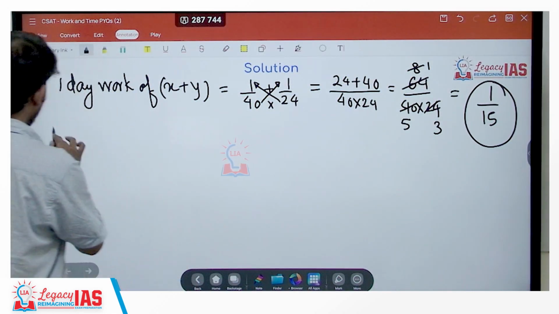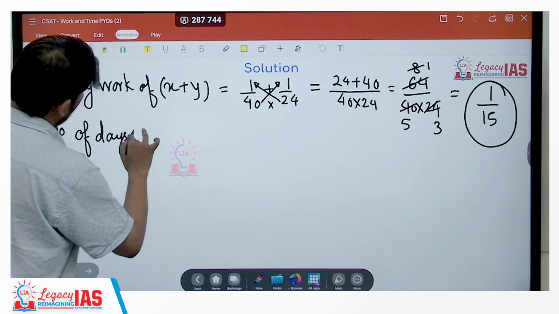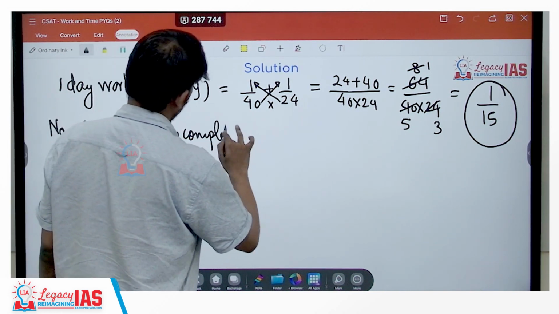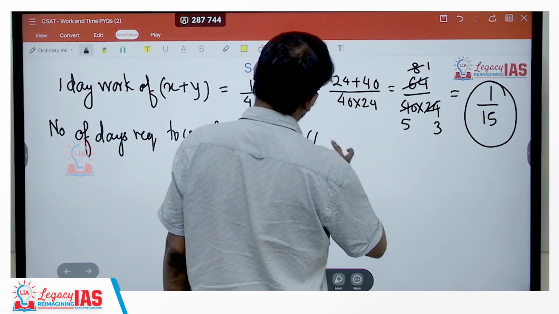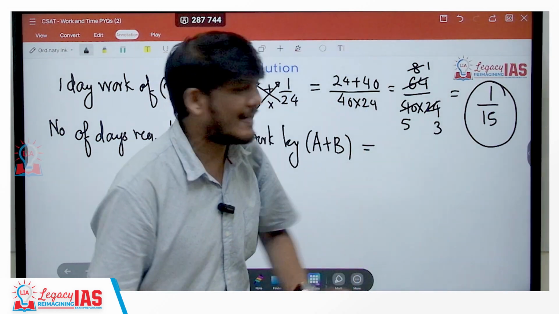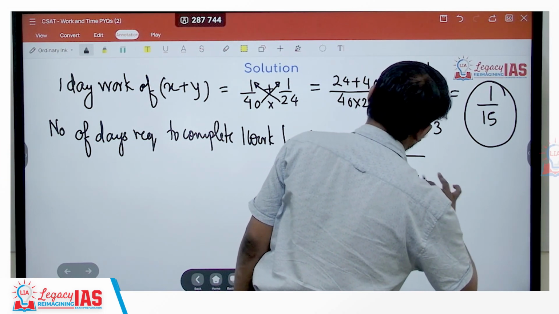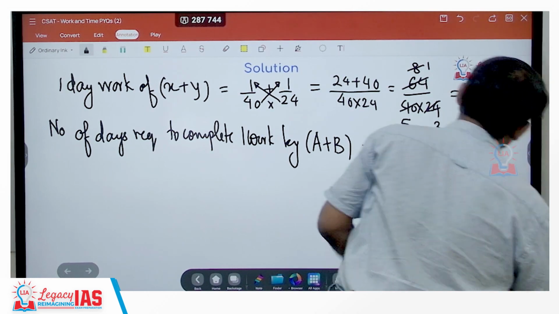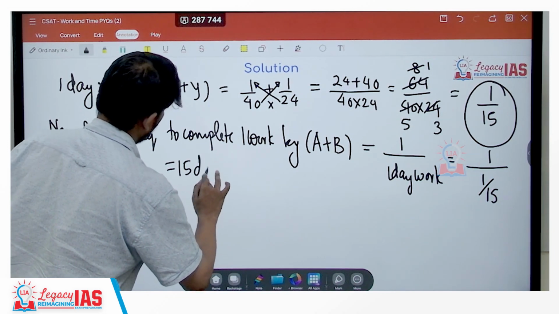That means the number of days required to complete one work by X plus Y together would be 1 upon 1 day work, which equals 1 upon 1 by 15. So this 15 goes up, it becomes 15 days.